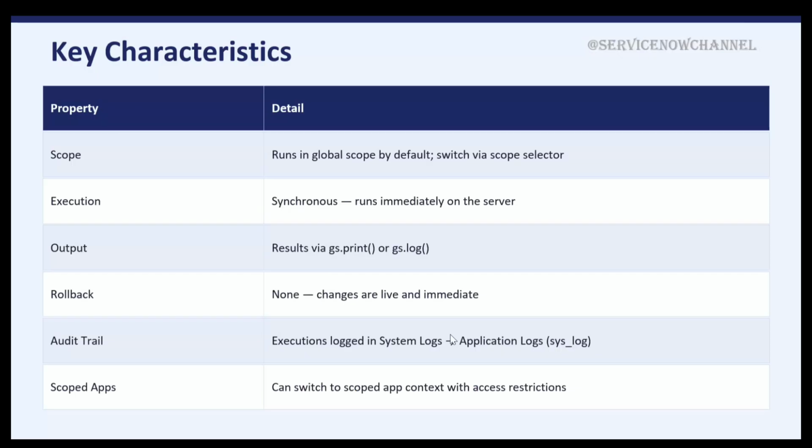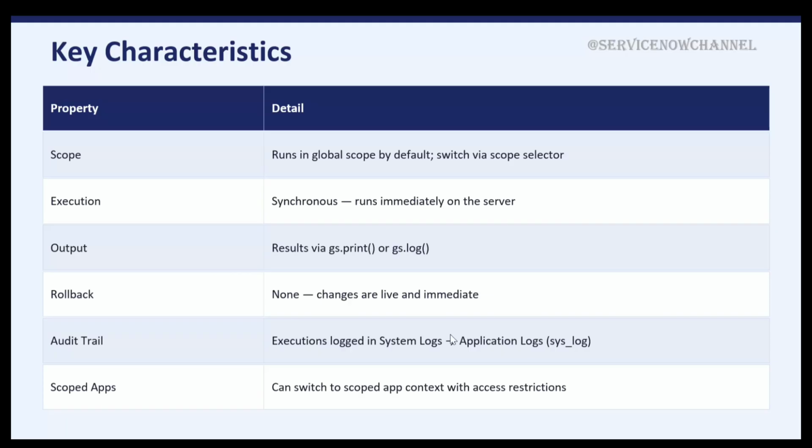So, scope. Actually, the background script by default runs in global scope. But if you need to run the background script not in global scope but in some other application scope, then you need to change your scope selector.